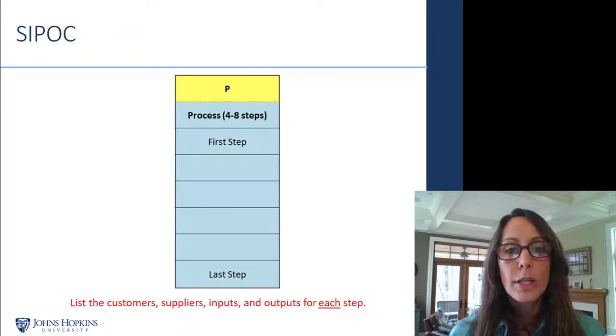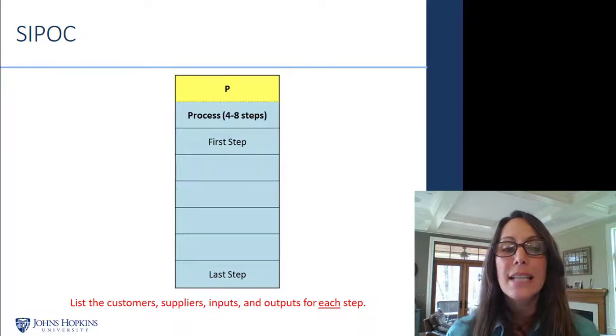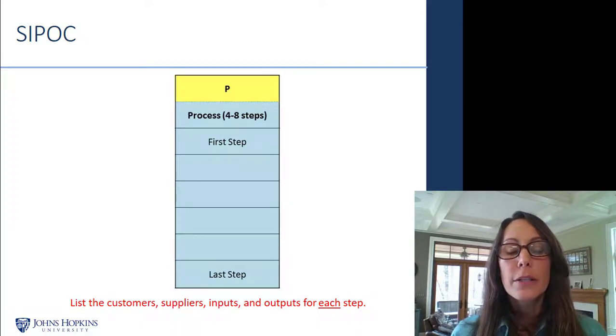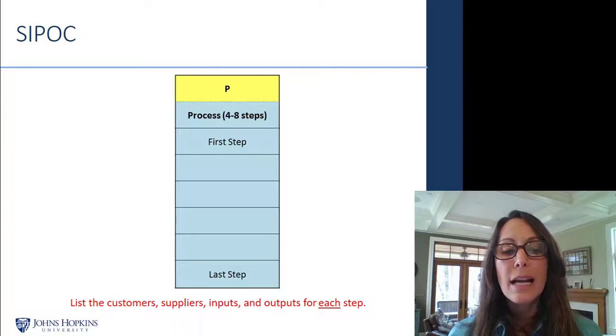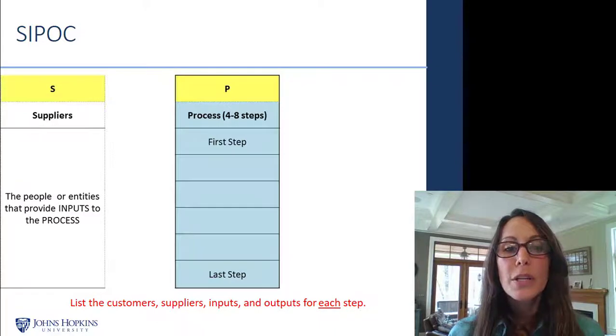So we start with our process, and we list our first step and our last, and then 4 to 8 steps in between. Right, so we're listing really 4 to 8 high-level process steps. And then we start building from the outside in.